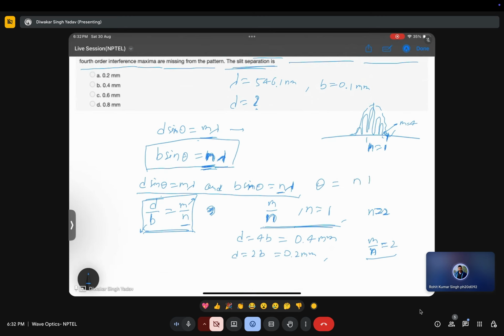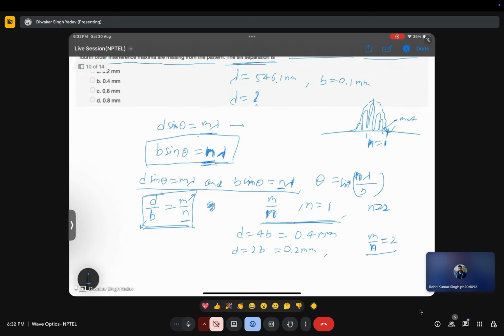So sine inverse of n lambda by b, we can calculate the angular position of the minima as a function of n, right? But that complicates things, because then we have to find the angular position for the interference pattern, which is sine inverse m lambda by d, and then you have to match them. This m we know is given as fourth order.